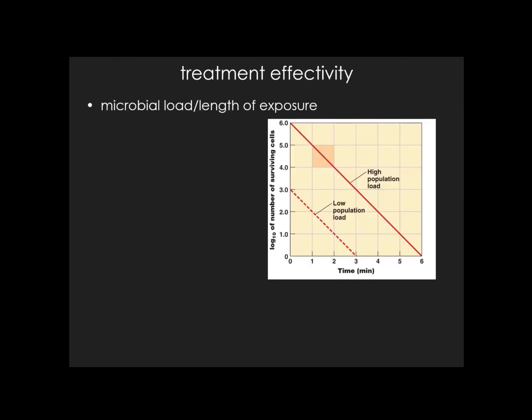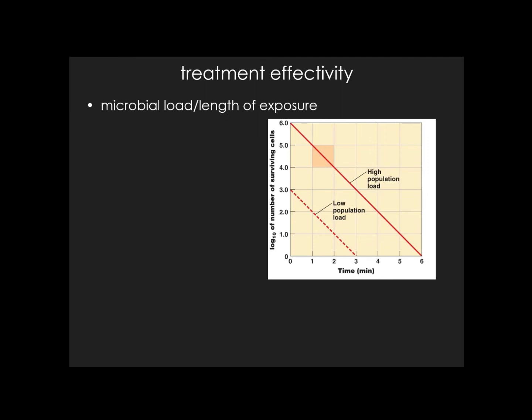The first of those is whether or not you have a ton of microorganisms present. When you have a huge load of microbes in a given area, it's going to take longer for you to kill them. The decimal reduction time will be increased. The reason is that the microorganisms on the outside of the culture will be exposed first and will buffer and protect those on the inside.